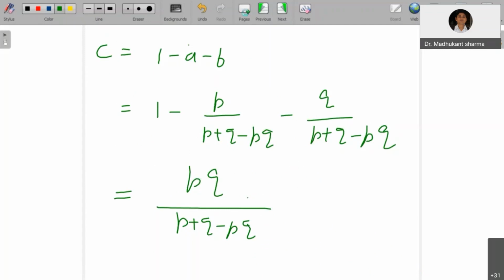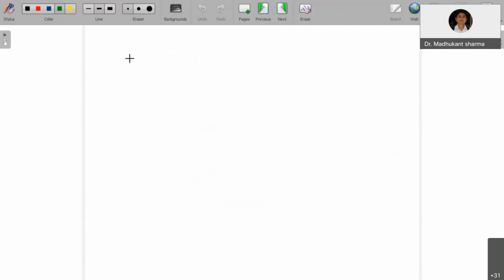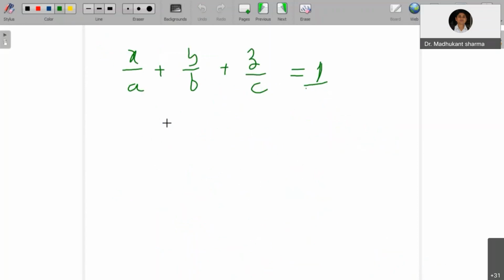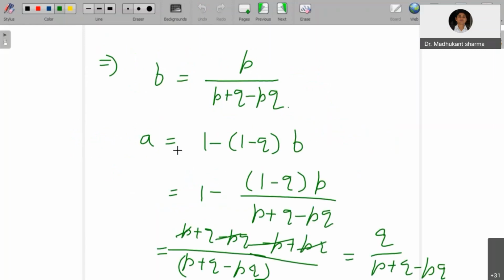Okay, so now you can substitute in that intercept form. That's x by a plus y by b plus z by c is equal to 1. Substitute here. So 1 by a, from here, 1 by a is p plus q minus pq divided by q. So you can further simplify by p. Right? a is with q.